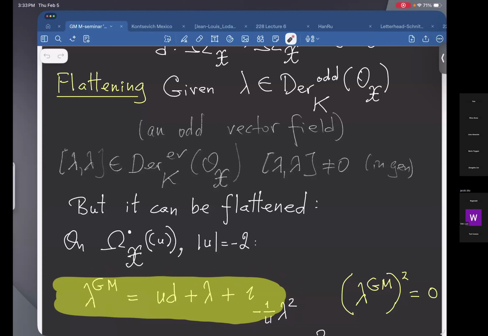By the way, lambda square is also a vector field, correct? It's also a derivation when lambda is odd, because the commutator of derivations is a derivation. And if you correct it like this, it becomes flat. So this is the flattening, or the Gauss-Manin version of lambda.